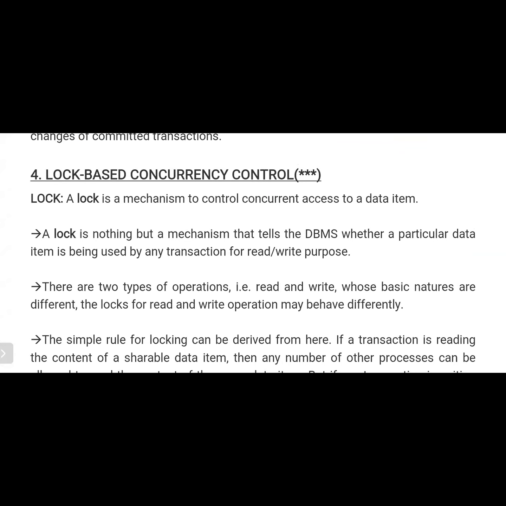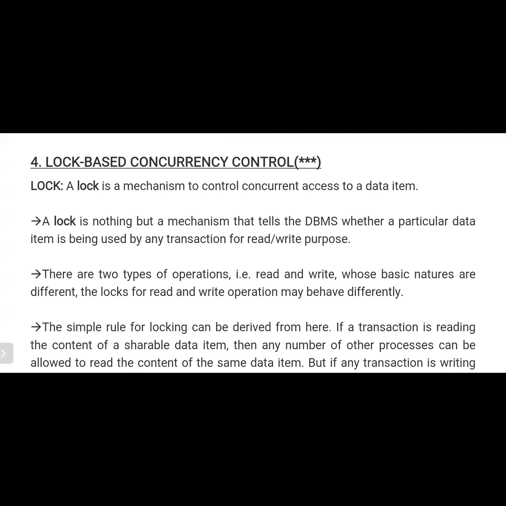Okay. So a lock is a variable actually. A lock is a mechanism to control concurrent access to a data item. For example, if we give a lock on a particular data item, then the remaining transactions are not able to take a lock on that data item. The remaining transactions wait until the lock is released. So here the error data does not occur.